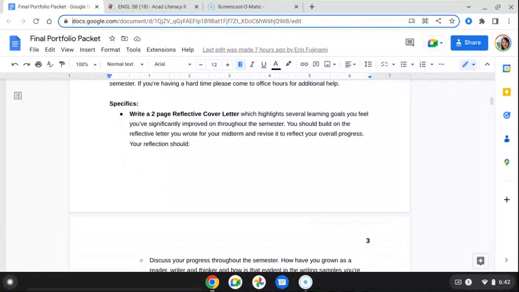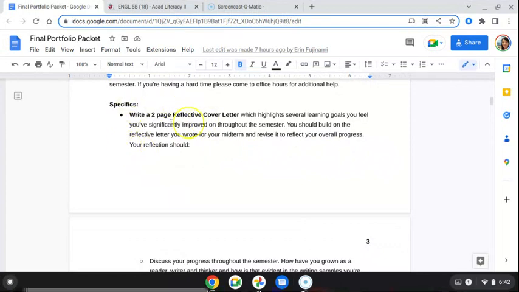So the specifics are still somewhat similar. You have a 2-page reflective cover letter that highlights several learning goals or strategies, different things that you feel like you've done well at or improved on throughout the semester. So you're going to be updating that 2-page reflective cover letter that you already have.